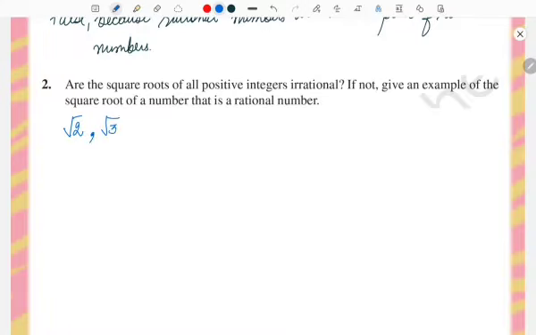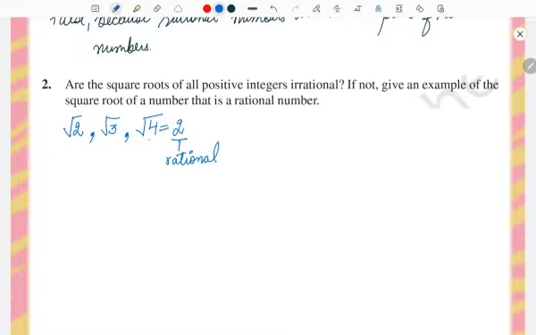Root 3, yes, root 3 is also irrational. It is not a square number. Coming to root 4. 4 is a square number. Root 4 is equal to 2. 4 is the square of 2, right? So root 4 is 2, and 2 is a rational number.